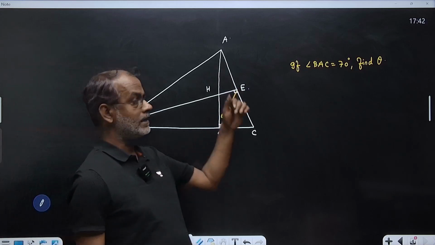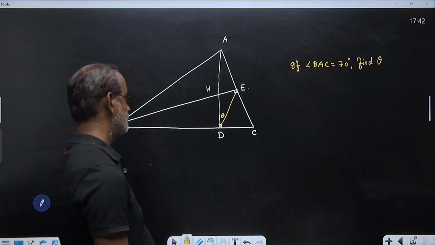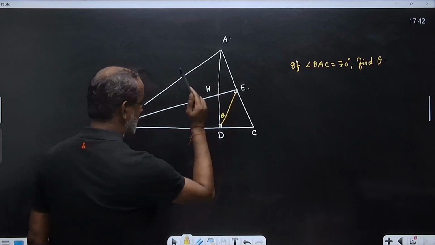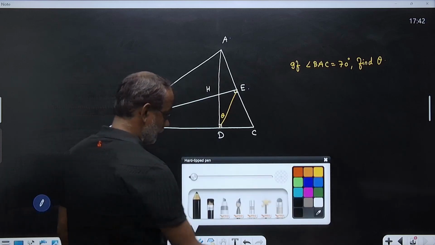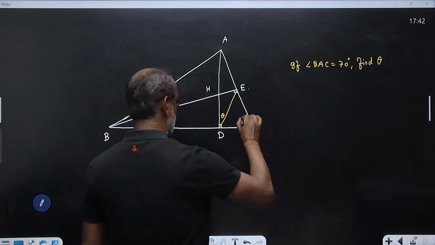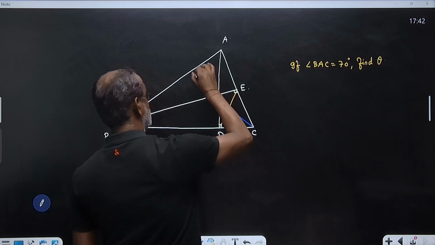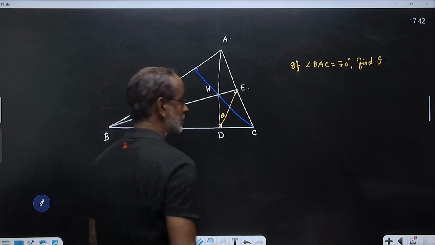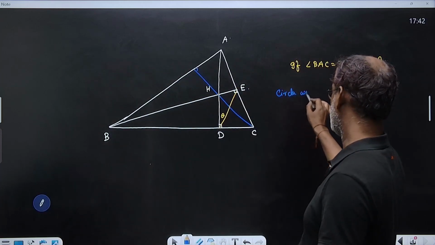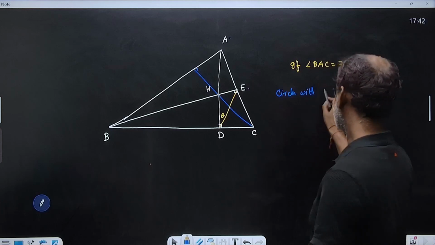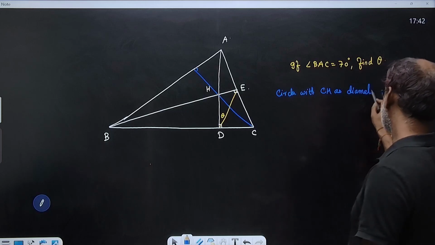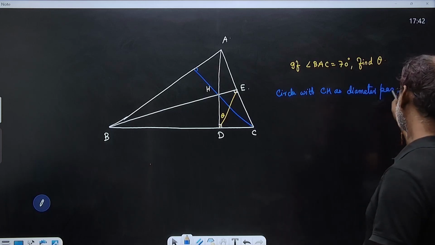Again, see two right angles. What they are indicating is, see, this is the right angle, this is the right angle. So what we say by observation is that this is an altitude. Circle with CH as diameter passes through this.